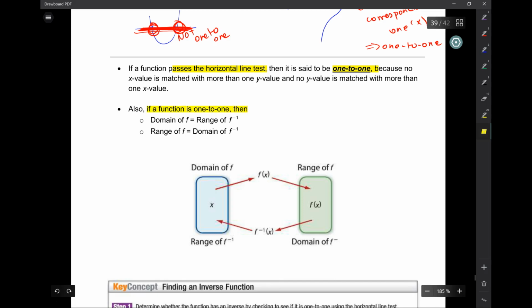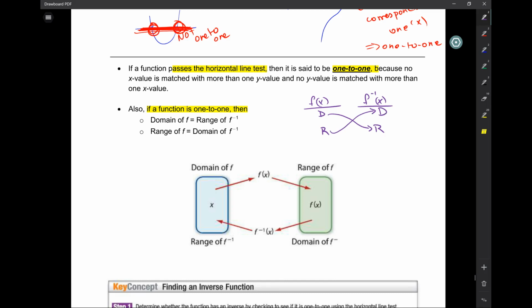Okay, so if a function is 1-to-1, what happens is this. Suppose you have f of x, and you know the domain and range of f of x. Now, suppose for a 1-to-1 function, you find the inverse function. Then the domain of f becomes the range of f inverse, and the range of f becomes the domain of f inverse.